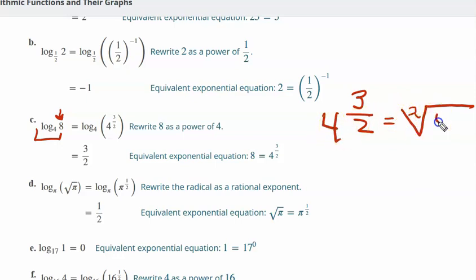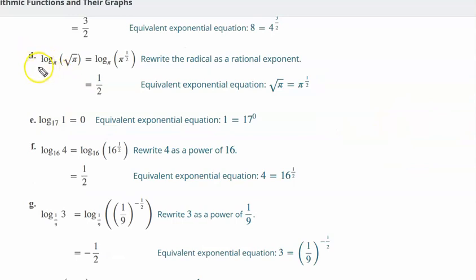This is our radicand, and then this is raised to the 3rd power. So the square root of 4 is 2. 2 to the 3rd is 8. That's where they get this from. So here our x value would be 3/2. That one was a little challenging.